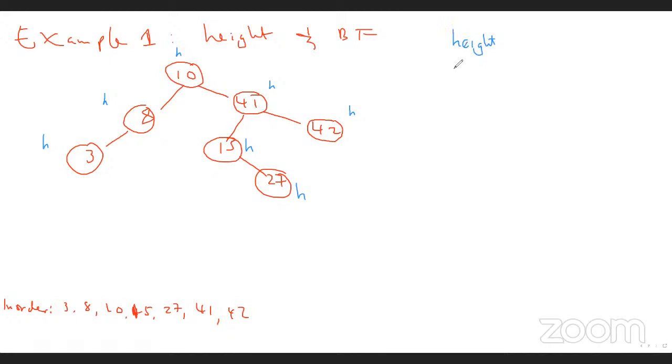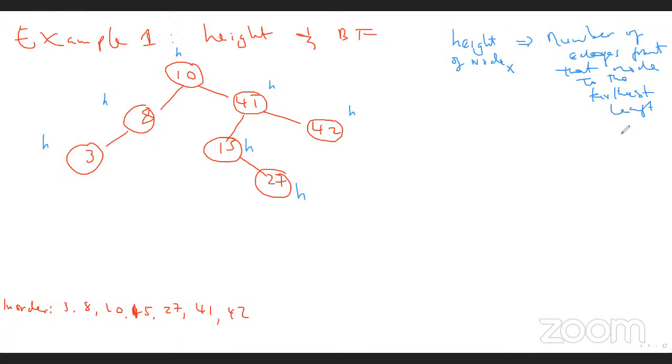Height of a node X means the number of edges from that node to the farthest leaf on its path.